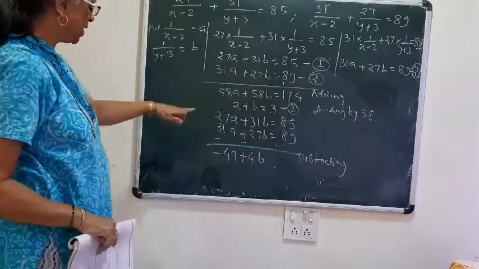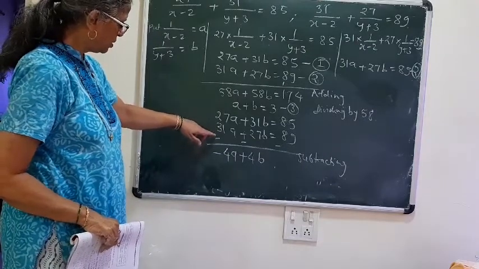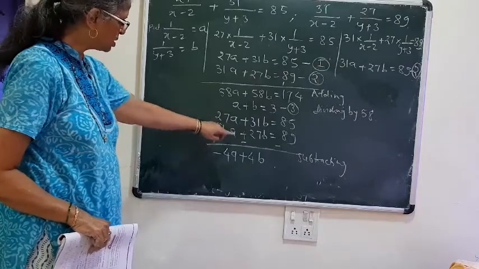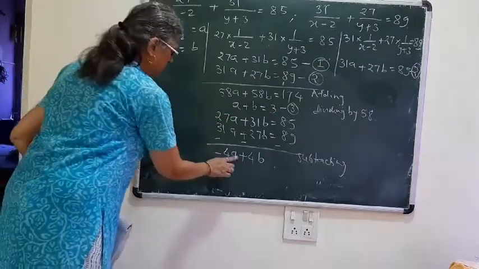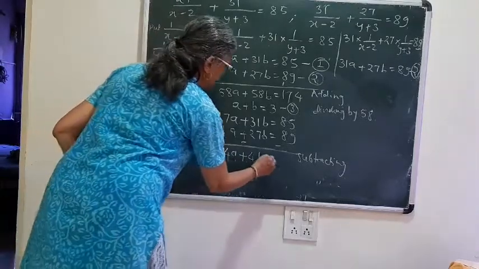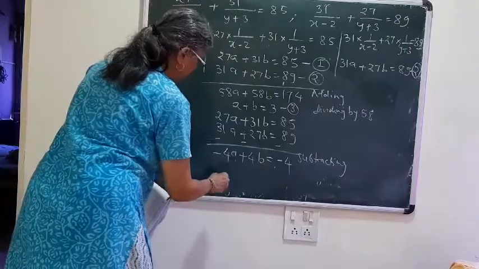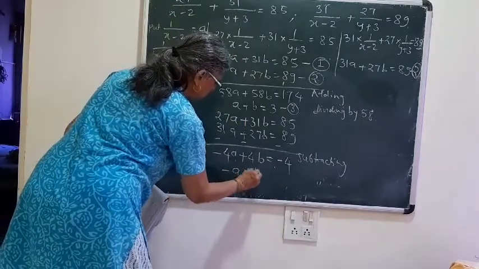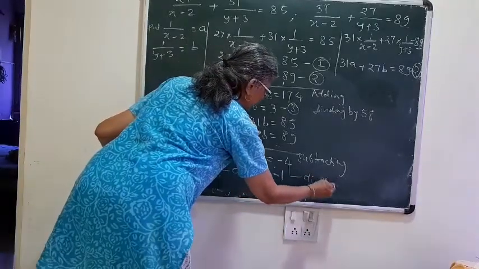So 27 minus 31, 31a has a negative sign. So minus 31a plus 27a will be minus 4a plus 4b is equal to minus 4. So dividing the whole equation by 4, minus a plus b is equal to minus 1.